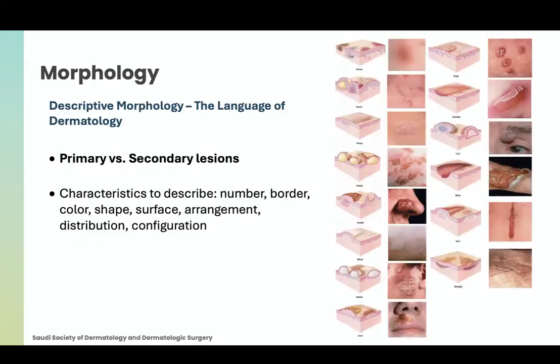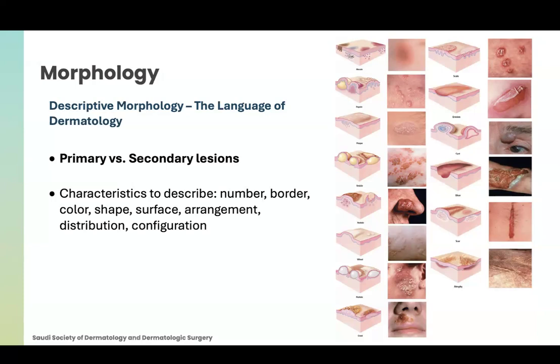So now that we understood why this morphology is important, we're going to talk specifically about the morphological terms that we're going to be using and how to accurately describe skin lesions. The morphological terms that we use are either primary skin lesions or secondary skin lesions, like I just said. The primary skin lesion is the most distinctive or most representative skin lesion of the disease, and secondary are changes that occur to your primary skin lesion because of either evolution of the disease itself or exogenous factors.